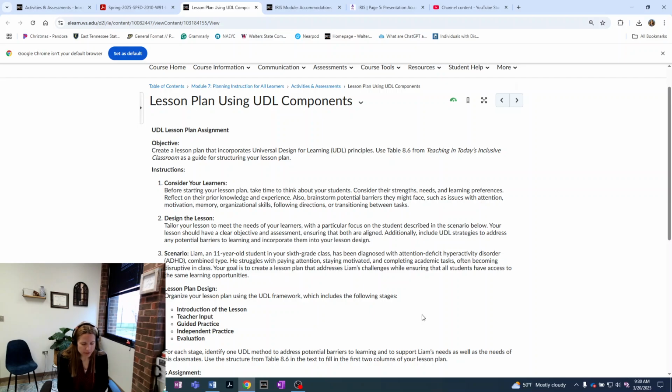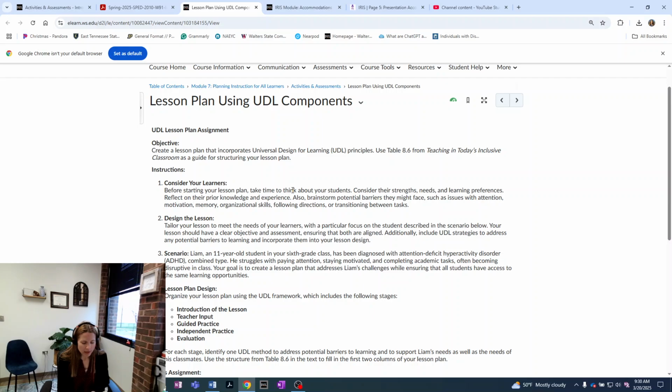So one of the things I want you to focus on is look at page 205 in your textbook, and I specifically want you to look at table 8.6, and it continues on to the very next page. Make sure that you're using this as a guide when you're creating it. Okay, so we want to create a lesson plan that covers our standards, but it's going to have these components of UDL.